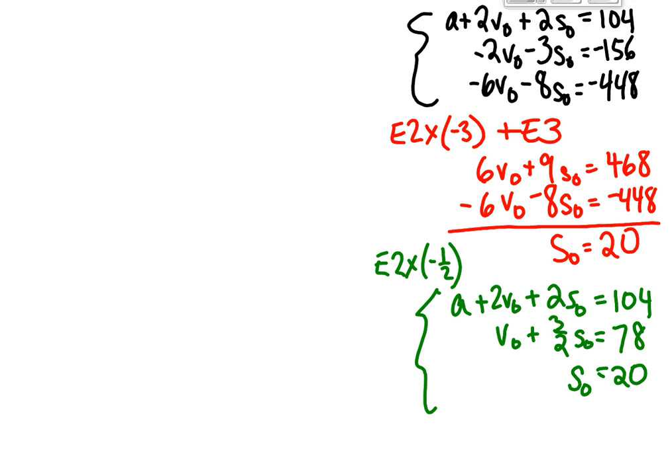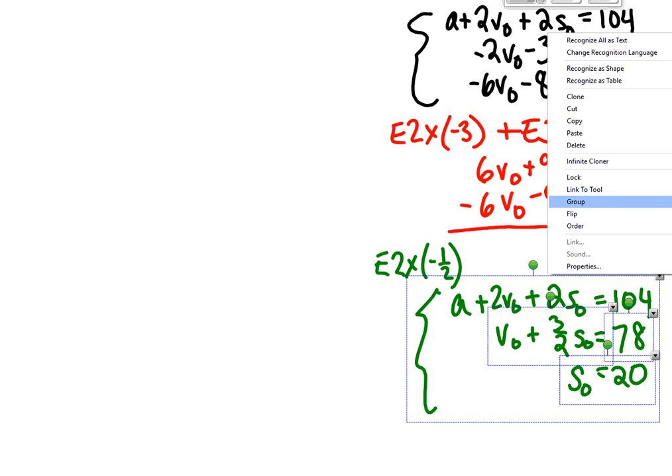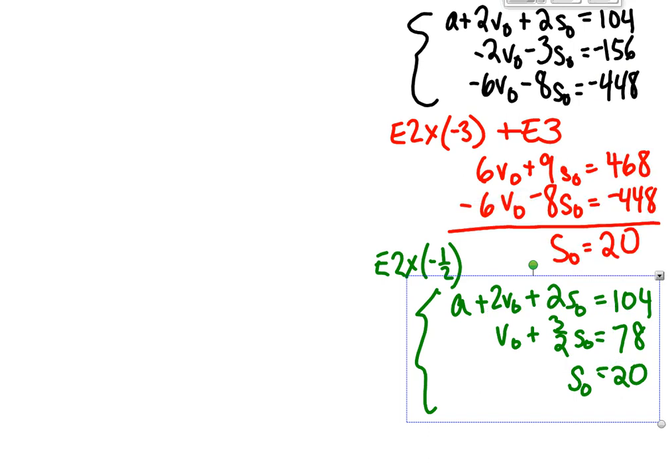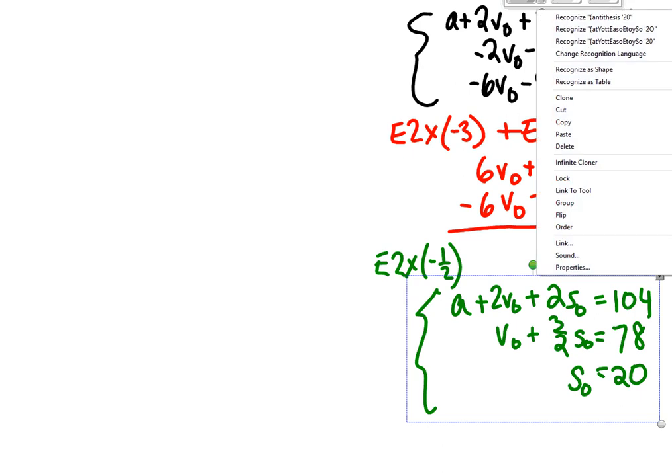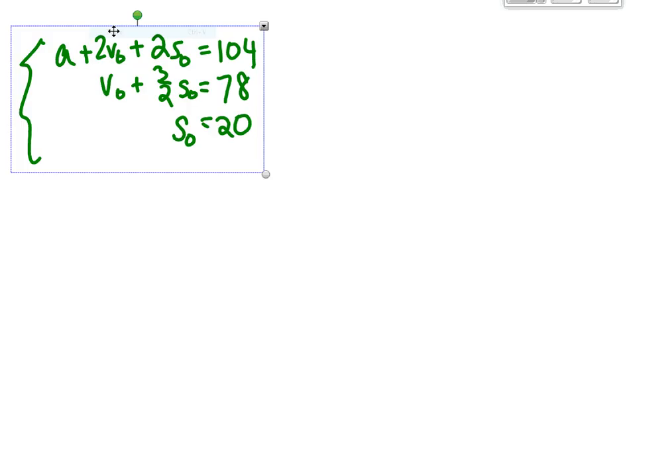Now that I have that in row echelon form, I'm going to copy all that, group it, and then I'll go to a new page here and paste that. And so now I have that in row echelon form.